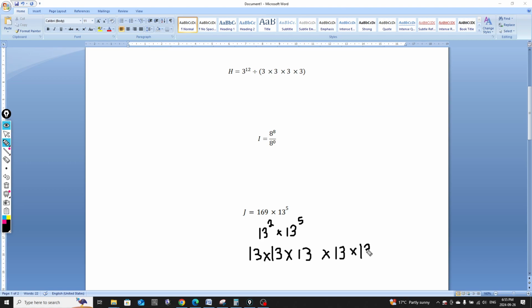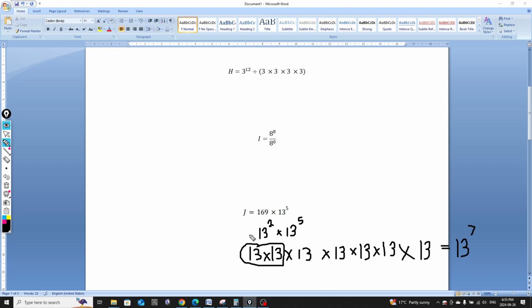So I've got 13 times 13, which is this, and 13 to the power of 5, which is 1, 2, 3, 4, 5, these right here. All of that is equal to 13 to the power of, you count it, 1, 2, 3, 4, 5, 6, 7. That's 13 to the power of 7.